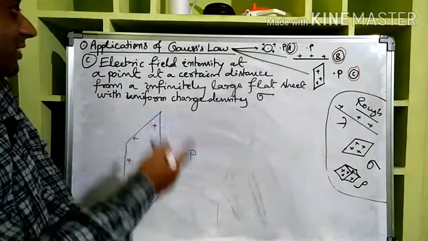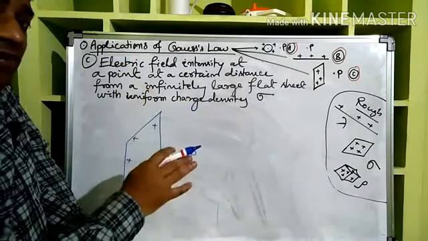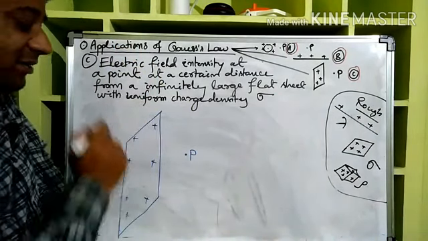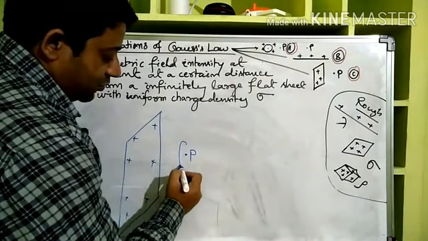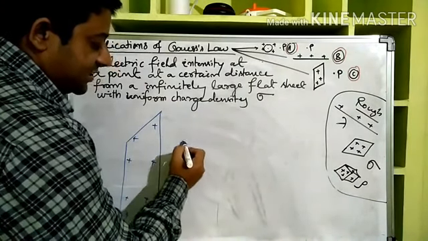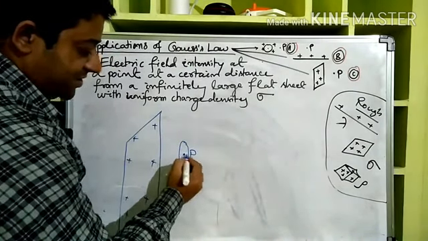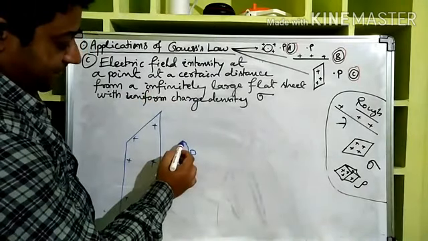What we'll do, again we'll apply Gauss law, and to apply Gauss law we have to consider a closed surface which should contain P, right? Here we'll imagine a closed surface, that also will be a cylindrical surface, and the flat surface contains P.